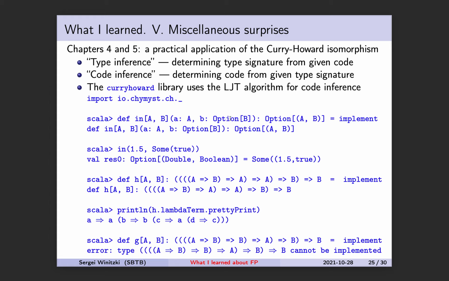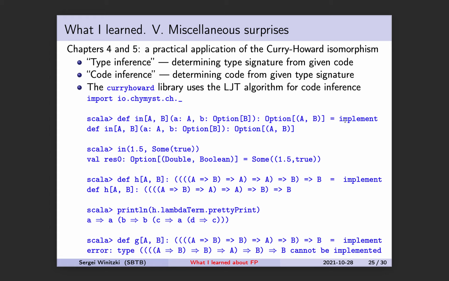And if B is a non-empty option, then you can put an A inside that option. So this code is reasonably unique. Of course, there's another possibility where you always return none in this function, but this is not interesting and this loses information, and so this is certainly not what you want in this kind of type signature.